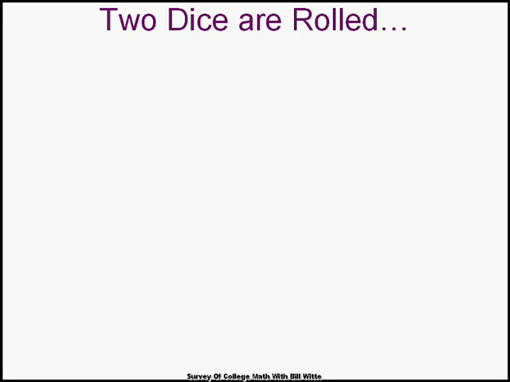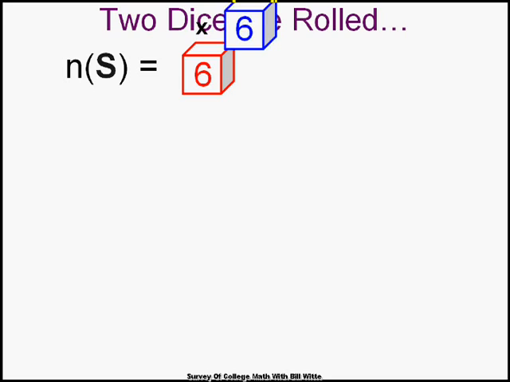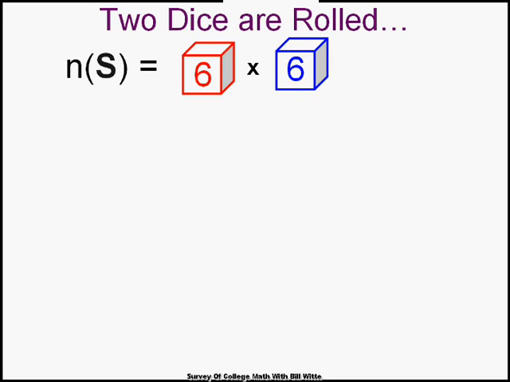Let me try one. We have 2 dice rolled this time. Now the sample space for 2 dice normally would be 6 for the first die and 6 for the second die. I'm going to differentiate them as red and blue. The number of things that occur in the sample space is 36, isn't it?